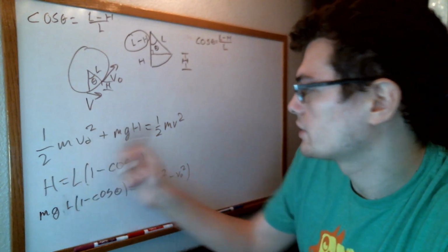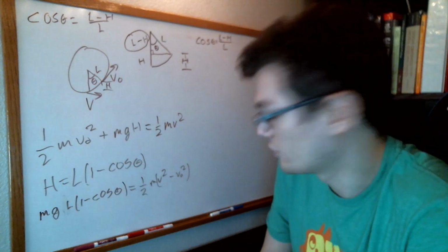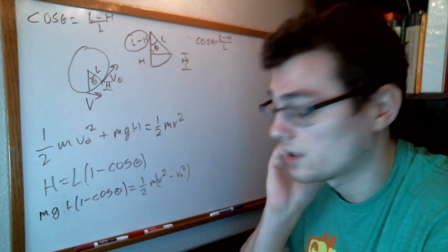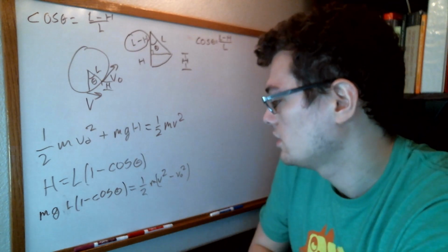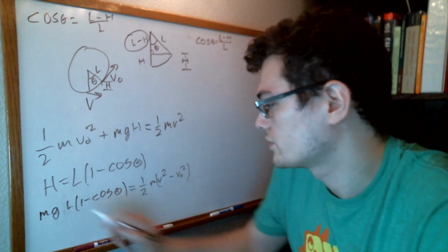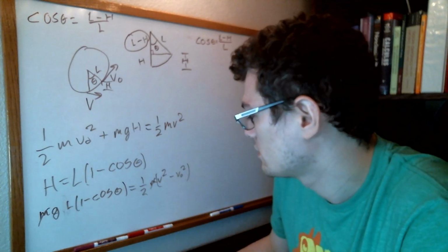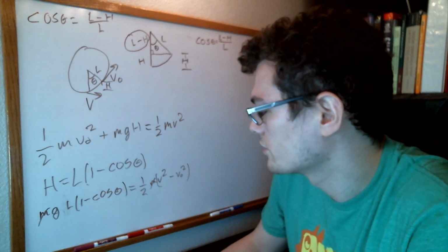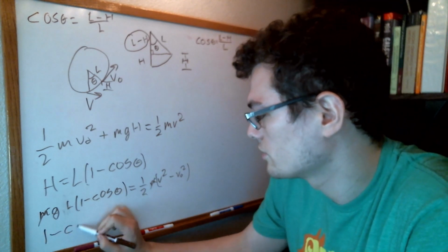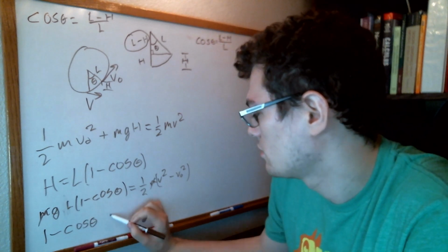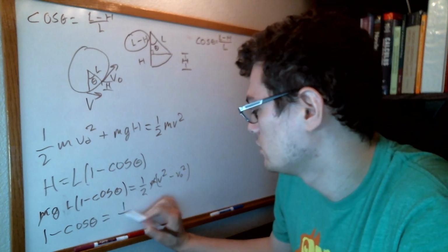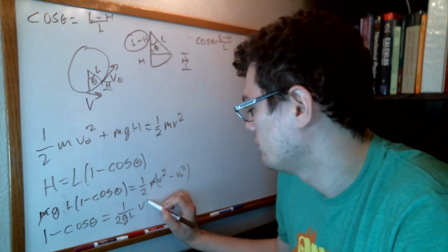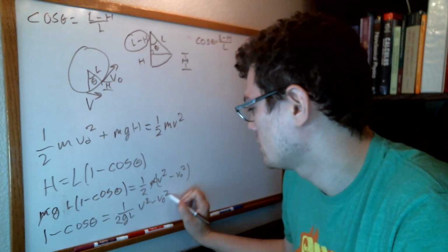I just subtracted this to the other side and factored out the m over 2. And then we can easily see now that the m's cancel, and we can start solving for this. So get rid of the m's, and we can take g and L to the other side, so we get 1 minus cosine theta here is going to be equal to 1 over 2gL times v squared minus v naught squared.